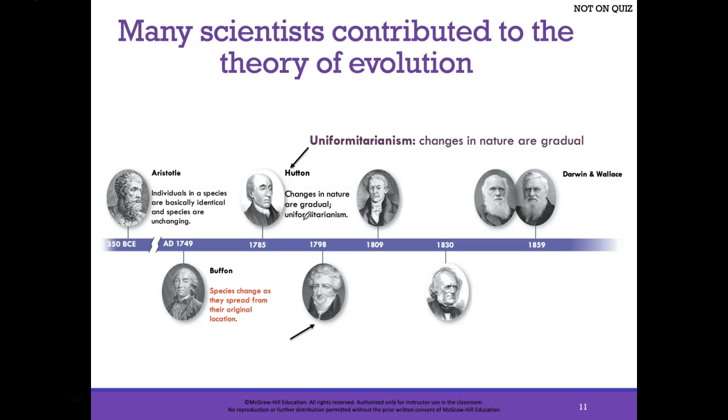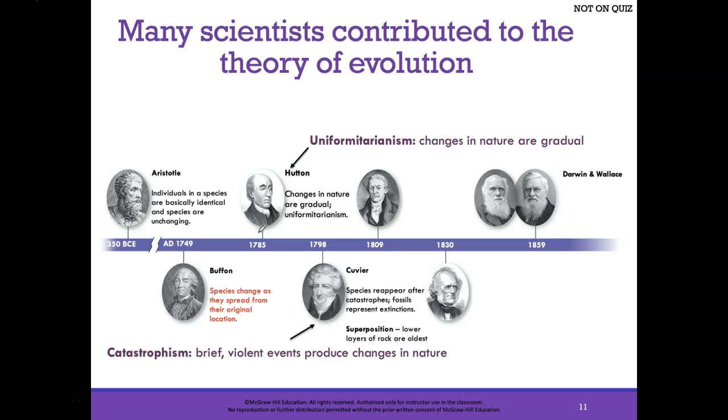Another contribution came from James Hutton, who suggested that changes in nature are very gradual. Small things change over time. This is called uniformitarianism. He said all the mountains we see now, all the sedimentation and the erosion happened very, very slowly.